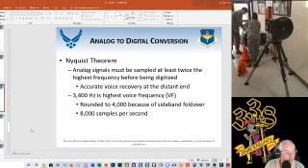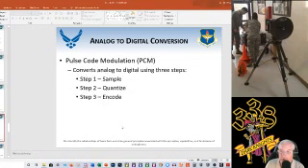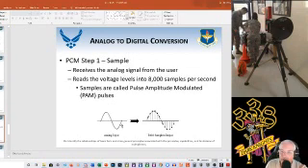So for PCM, Dr. Nyquist developed this. The next one, we go through 3 different steps: sampling, quantizing, and encoding. For sampling, what you should see is each one of those samples is equal in that 1 second. So there's 8,000 times it happens per 1 second.